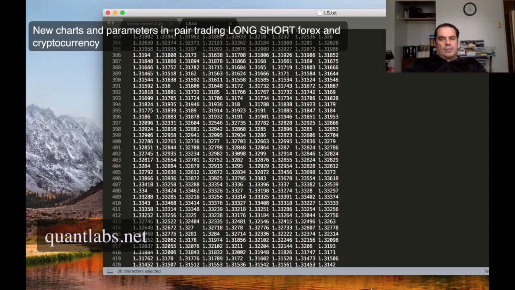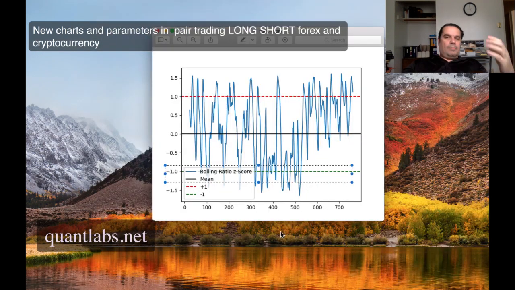Other than that, so let me go back to the charts here. So going back with the blue line, this is again that long versus short ratio, but the ratio we're speaking of here is between the long pair and the short pair and the price difference. That's a ratio.